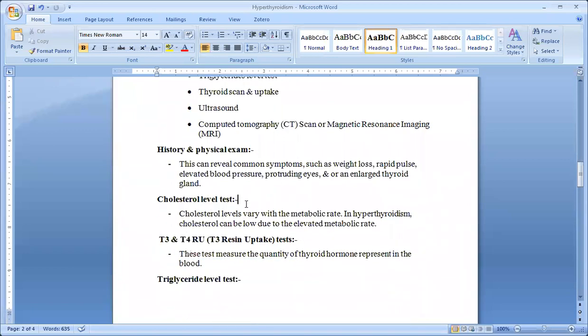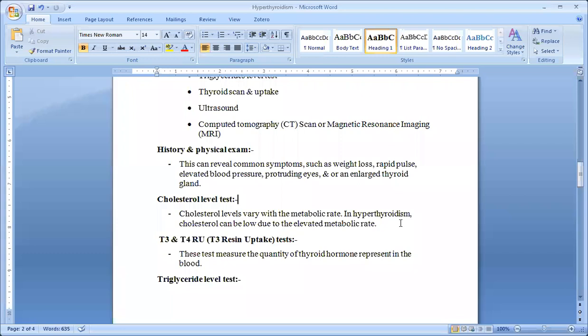Okay, cholesterol level test. What do we understand from this test? Once again, I am telling you: in this the cholesterol is low. Why low? Because of the increased metabolic rate. Due to hyperthyroidism, there is more secretion of T3, T4 hormone.